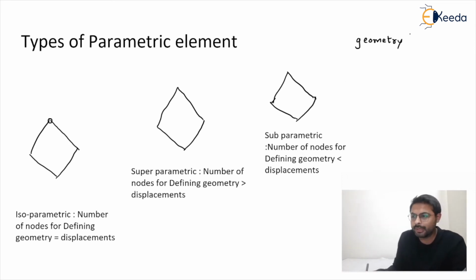The geometric nodes I am representing by a dark circle. So here we have a total of 8 nodes.